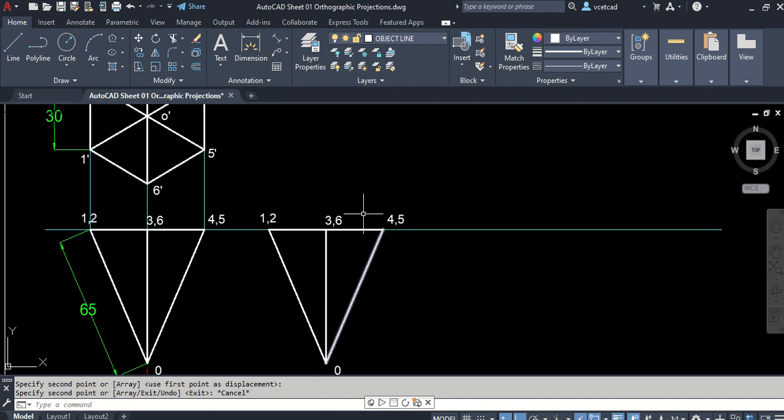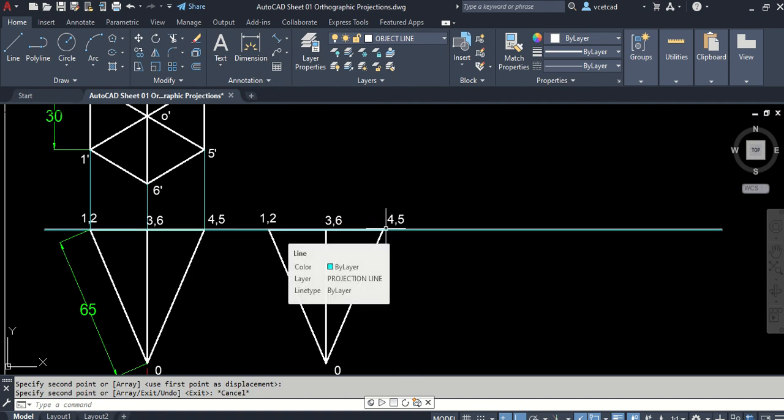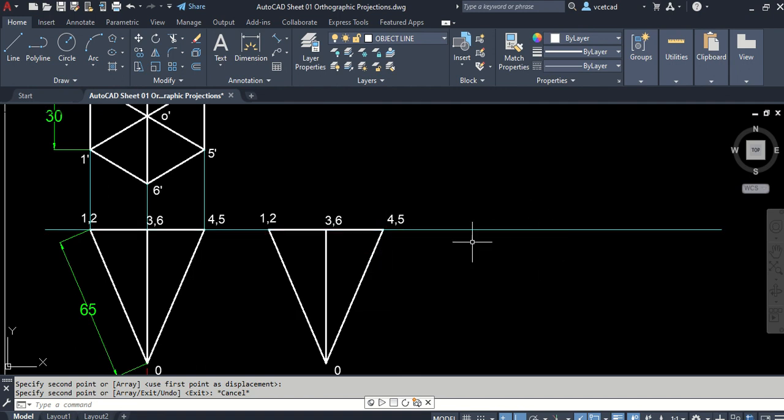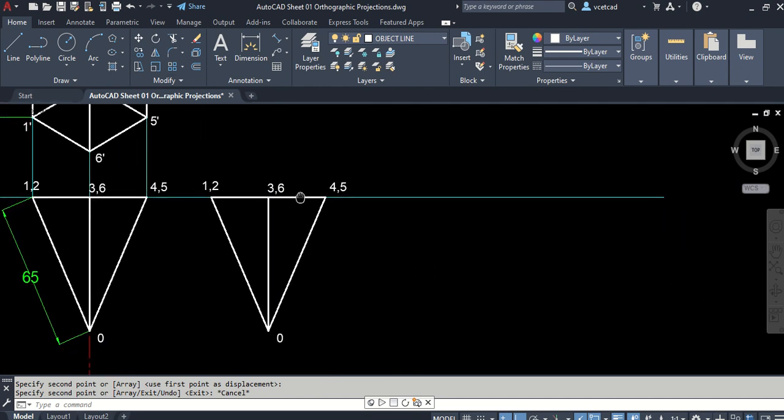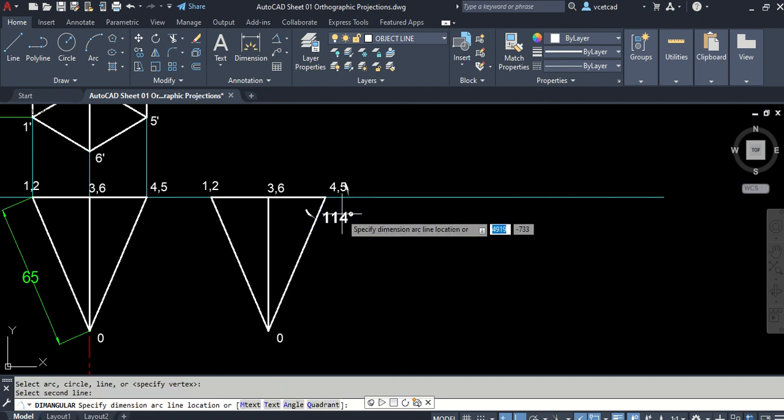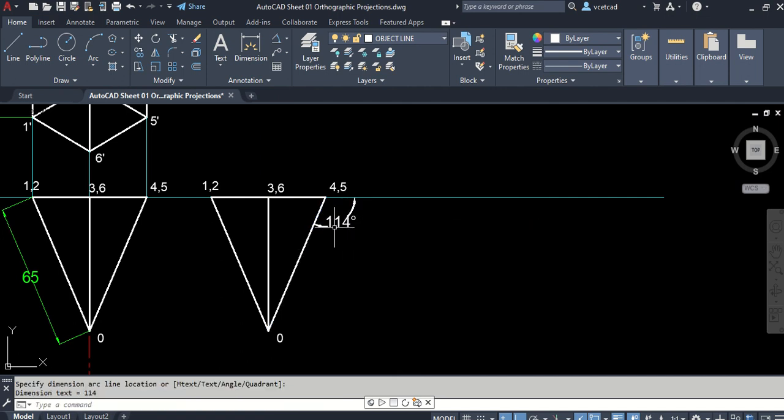In the compass take 65 millimeter and cut an arc on this XY line, so you will get 65 millimeter. Two points are required to redraw any object: the first point you can select randomly, 4, 5, and the second point you take at a distance of 65 millimeter. Now I'll tilt this object with the inclination. Let me measure how much the inclination is. I have to completely rotate this by 114.